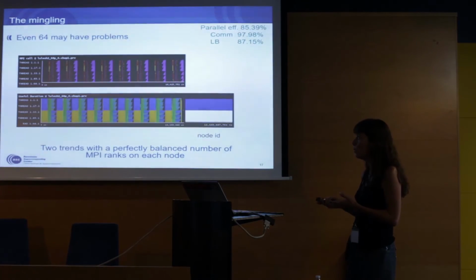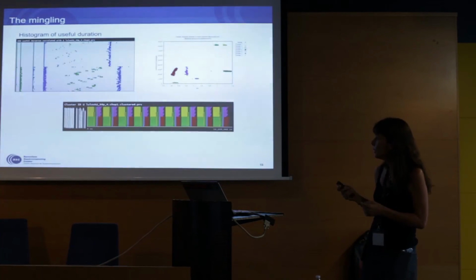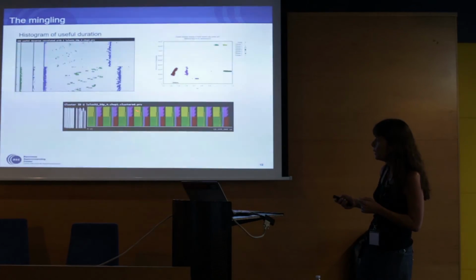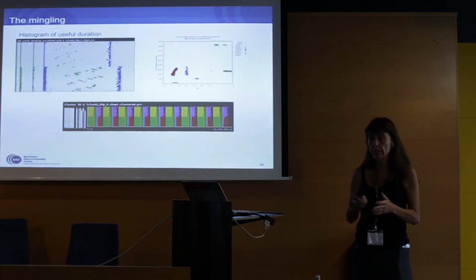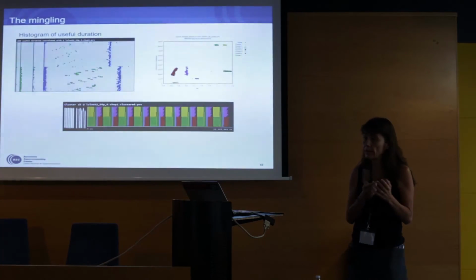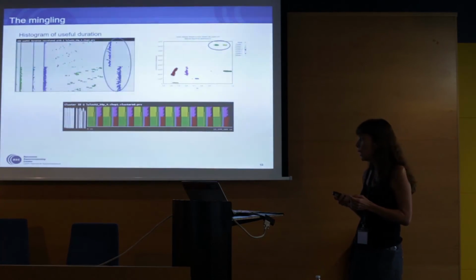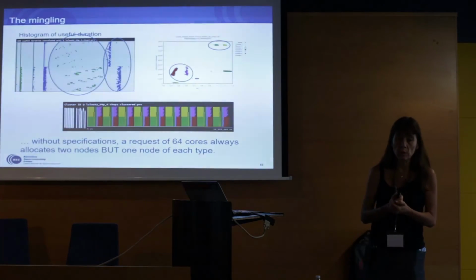So what's going on? Well, the reason here is you have to check on the other counters. I have not included that information here, but basically identify the 2 trends, as we said before in the other case, for the different code regions, and the reason here basically is that this is a machine that has 2 types of node. One of them has more memory than the other, and by default, it provides you 1 node of each type.